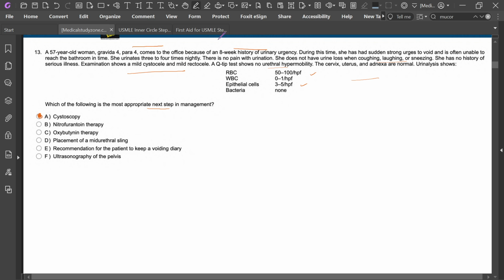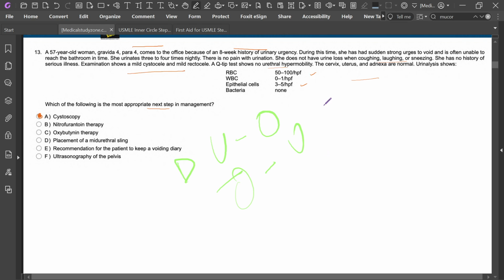Urge incontinence most commonly occurs due to detrusor overactivity, and overflow is due to detrusor underactivity. It typically presents with an urge to urinate followed by leakage of a variable amount of urine.